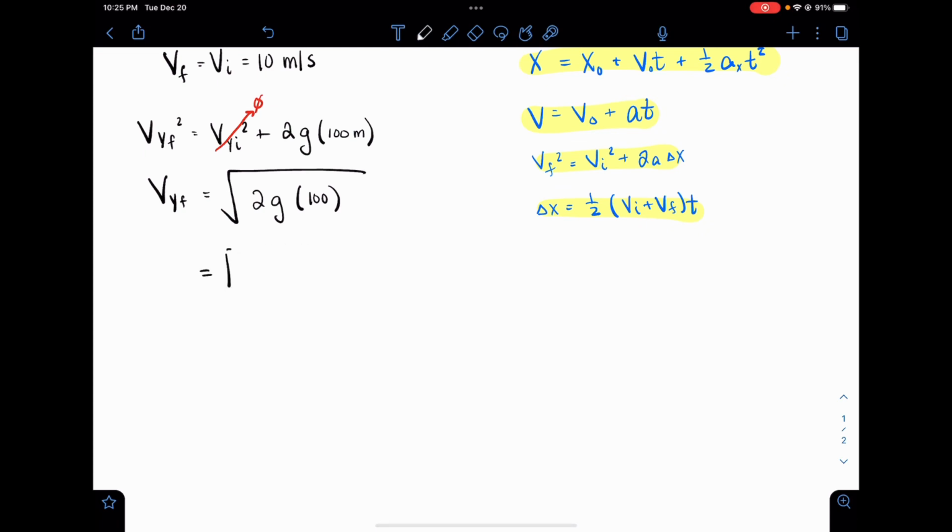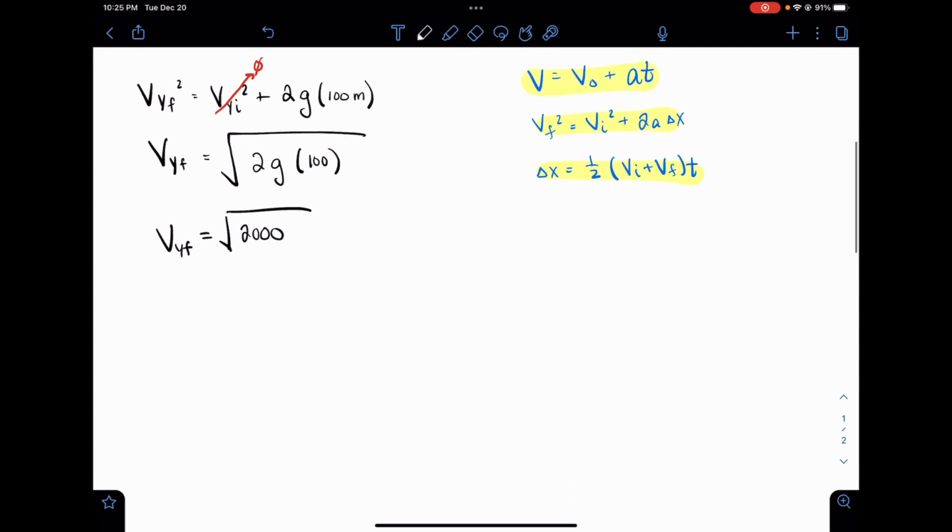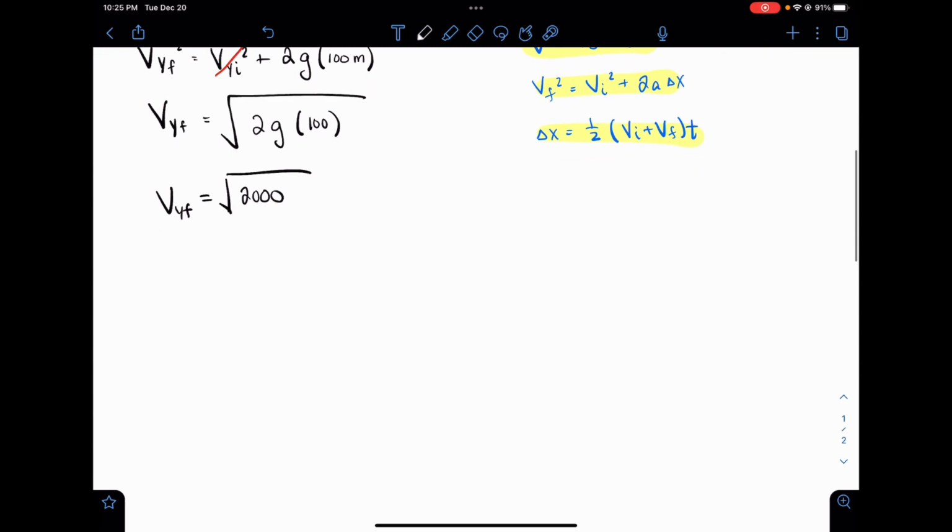So that leads us to have 20 times 100, which is going to be 2,000. And then if we want to simplify this, let's pull out 400 times 5.